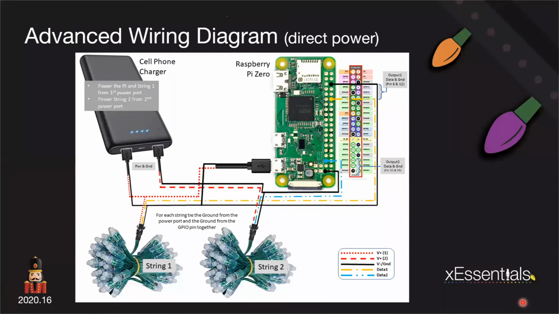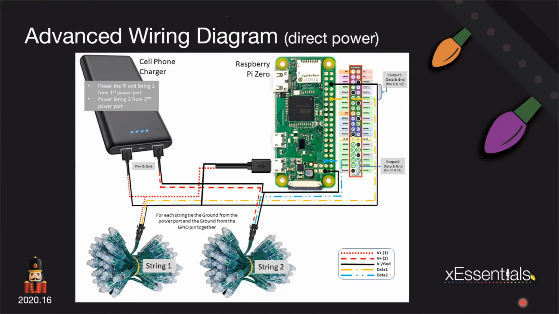This is a more advanced wiring diagram. Why? Well, like that hat that I told you about earlier that has 1100 pixels on it, I cannot run just the straight 3-wire power through the Raspberry Pi and be able to light up all of the pixels on that hat.